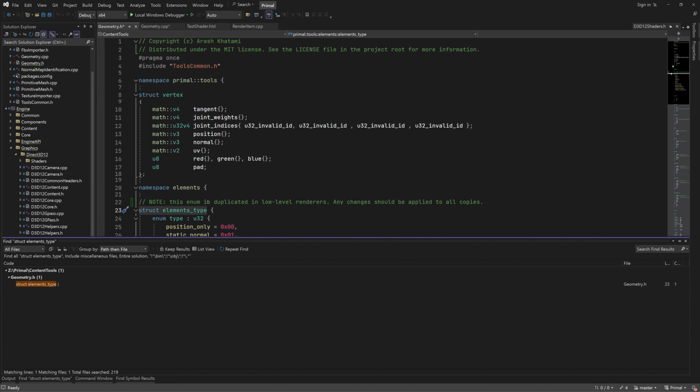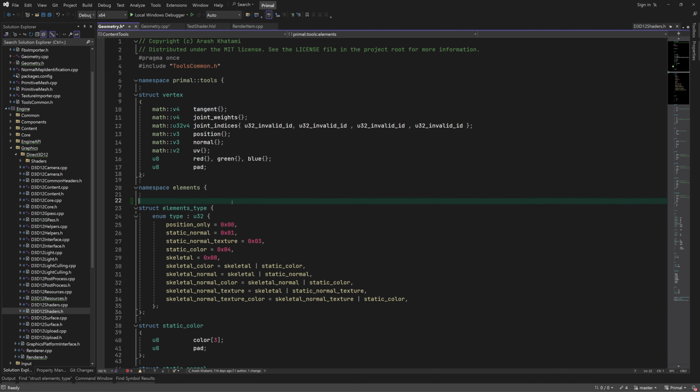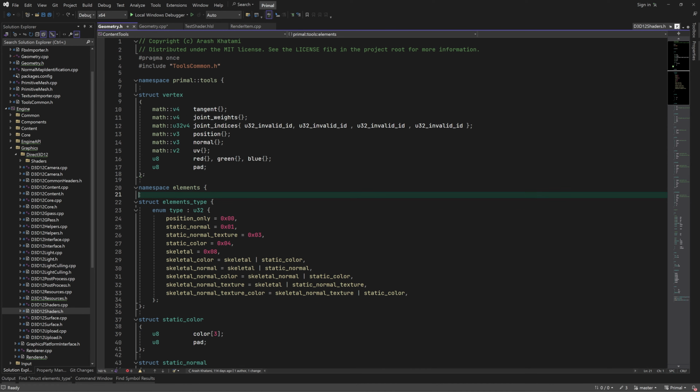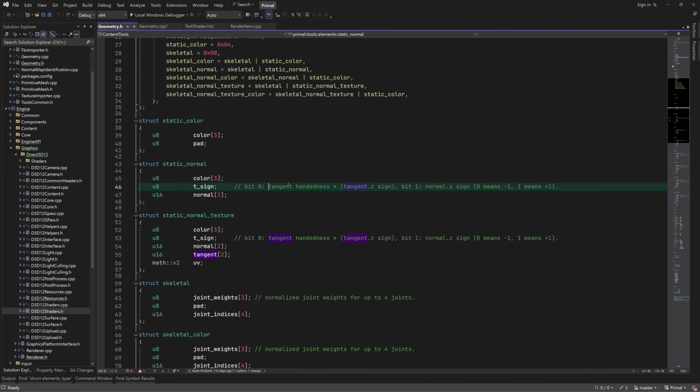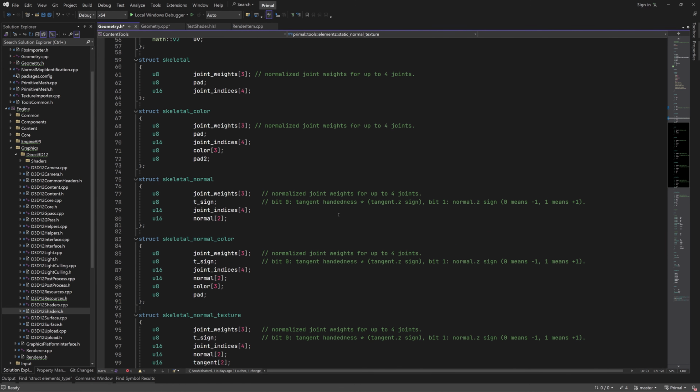I guess not. Well, anyway, here we see that we are using the first bit for the handedness and the sign combined, which is indeed incorrect. The second bit is used for the sign of vertex normal's z component.